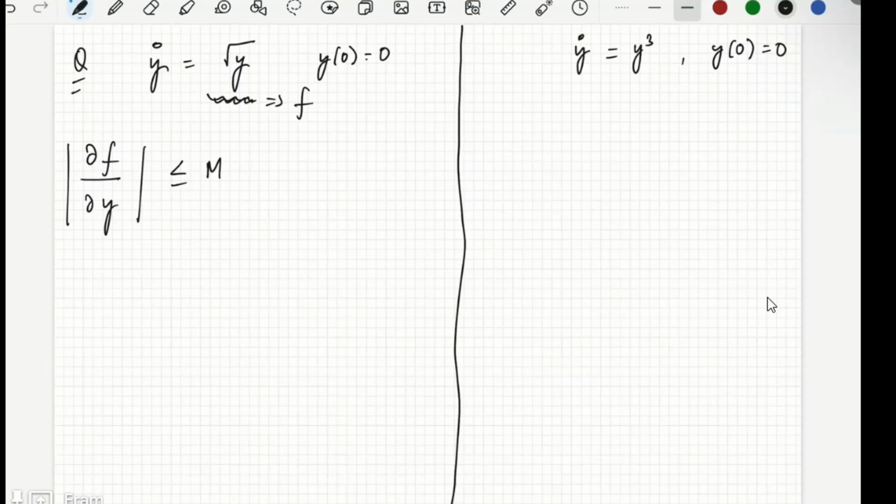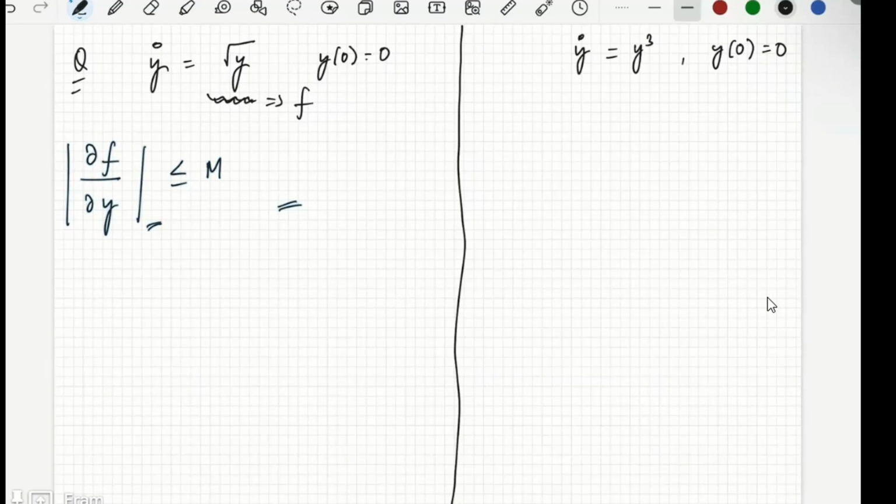Existence is coming from the continuity, and uniqueness will come from the Lipschitz property, or we can also confirm it using whether the partial derivative is bounded or not.